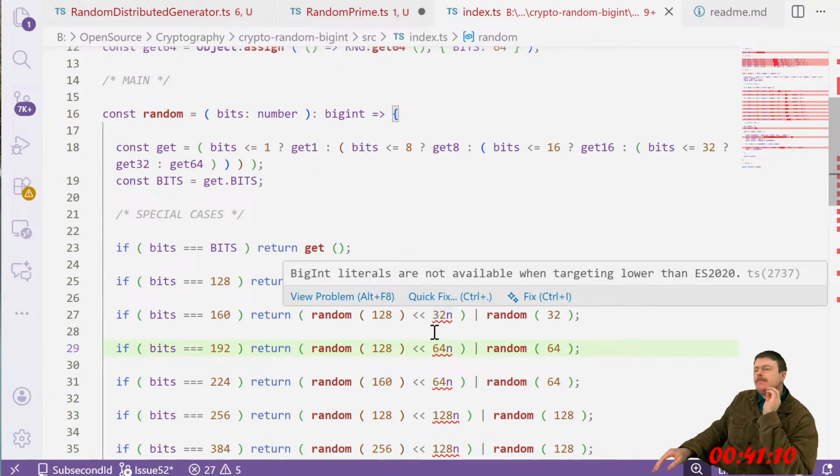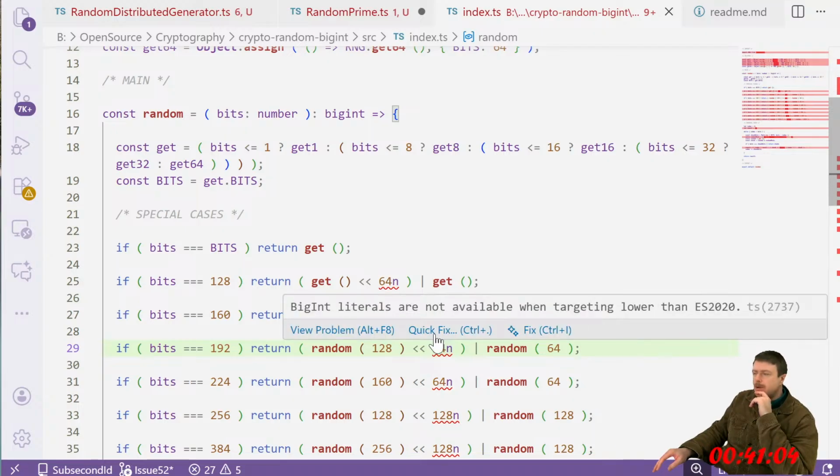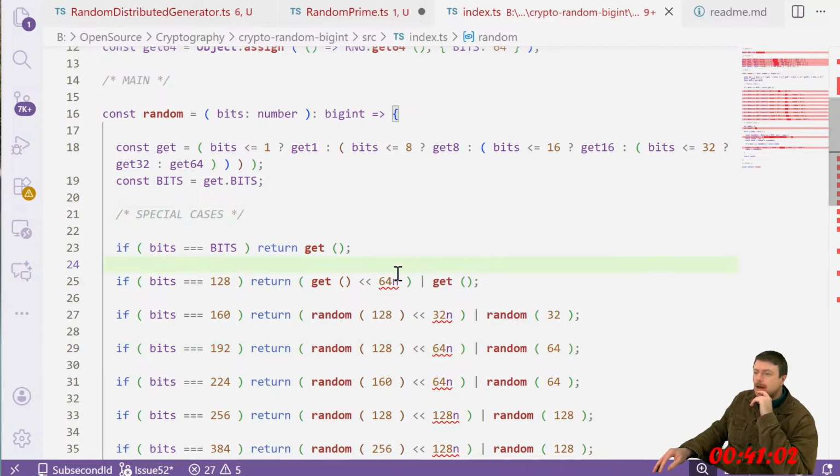Really, I think I need a graph that outputs the output of the algorithm, because I could come up with random ways to scramble up bits.